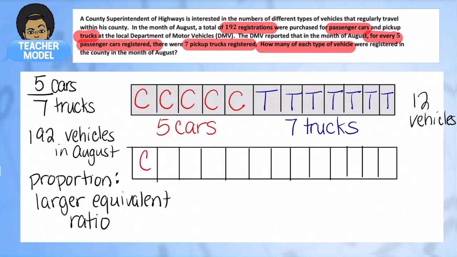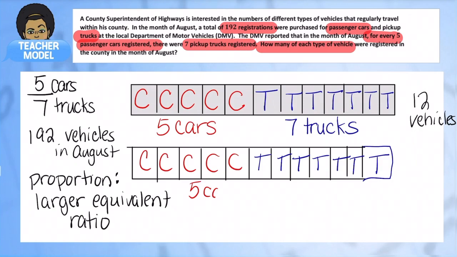And again, keep it the same ratio. 5 cars, another 7 trucks, another 12 vehicles.